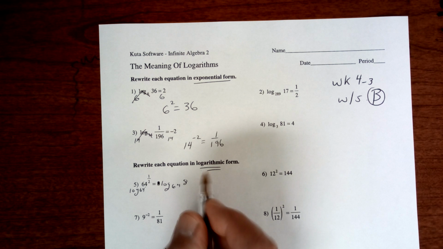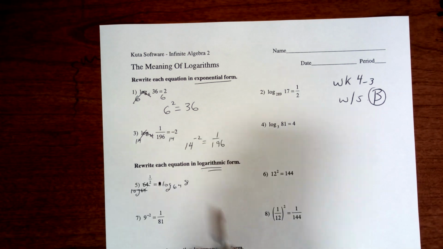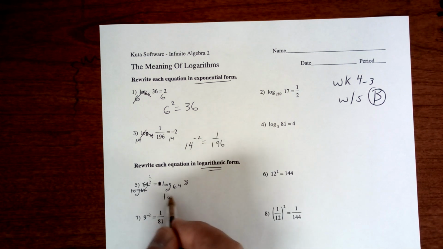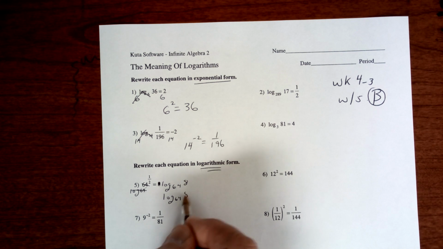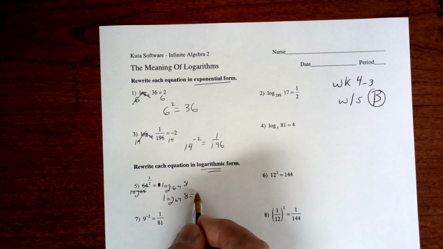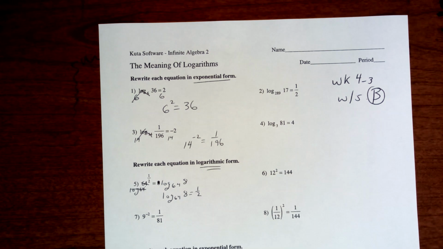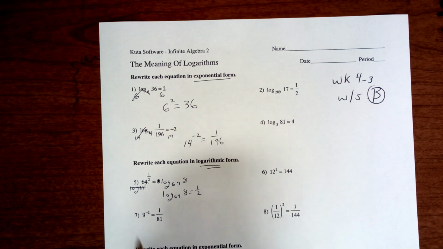And then this cancels. So I get log base 64, and this is equal to 1/2.